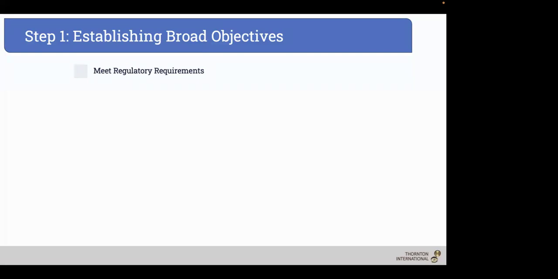So first, we can think about meeting regulatory requirements: compliance with local, regional, national water conservation standards that may cover multiple operational objectives. Reduce operating costs: I need to decrease expenses related to water pumping, treatment, leakage control, as well as capital costs associated with infrastructure.